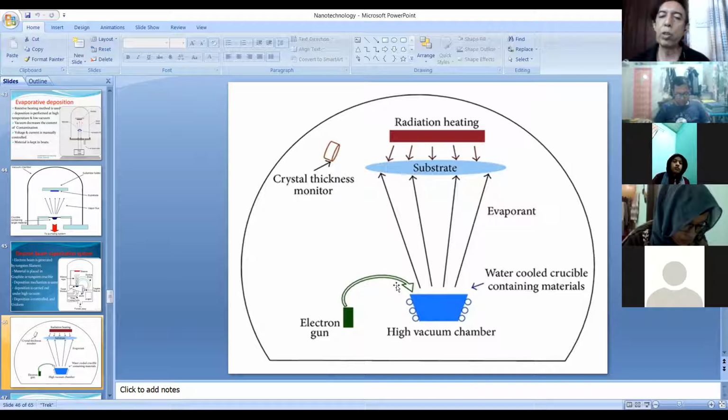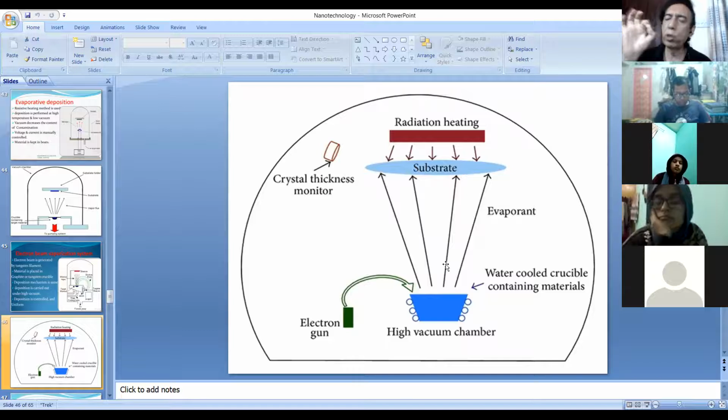It is bent because if you allow a direct hit, then it will hit only a small portion of your target material. But if you bend it, it will hit the whole crucible, the whole material of the crucible.